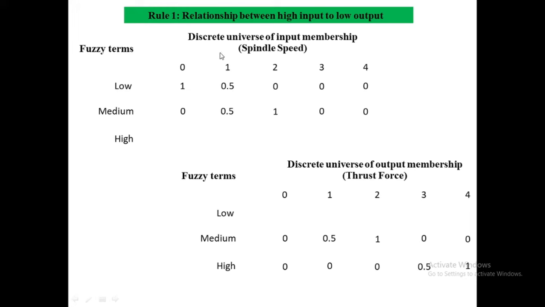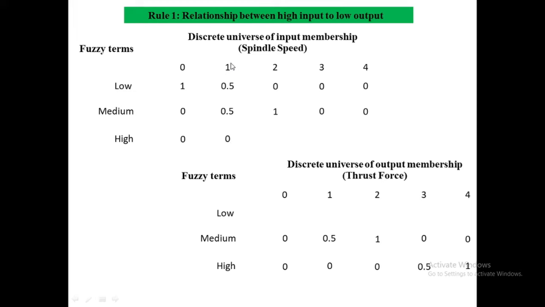Okay, according to the relationship between high input to low output, how do I form it? Here the previous tables explain how I frame the input membership function and output membership function. Now I go to make a relationship between high input and low output. Where is the fuzzy term input, high input? Here you see the high input term is available with the discretization values. So what is the high value with respect to the input membership function of spindle speed?